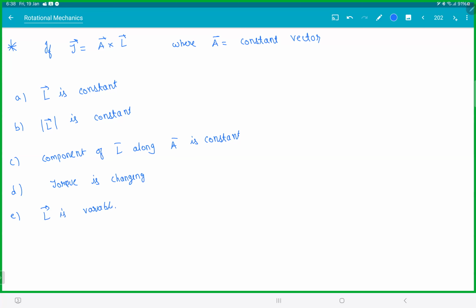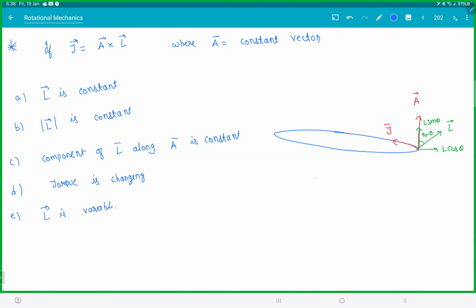Now, if you relate this to our question here, this is how it would look. So when this was going in a circle, if you observe, this was your L bar. This was your A bar. This was your torque. This was 90 minus theta. So there was a component here, L sin theta, and there was L cos theta.